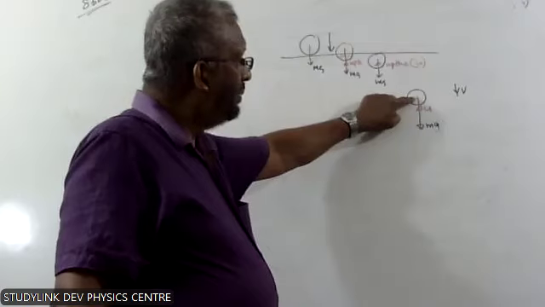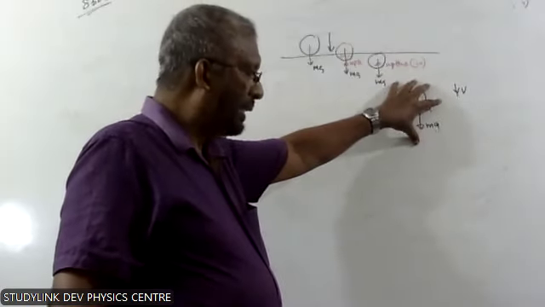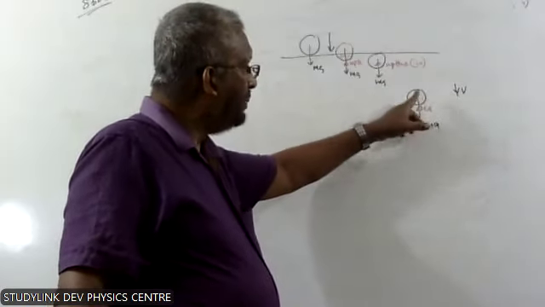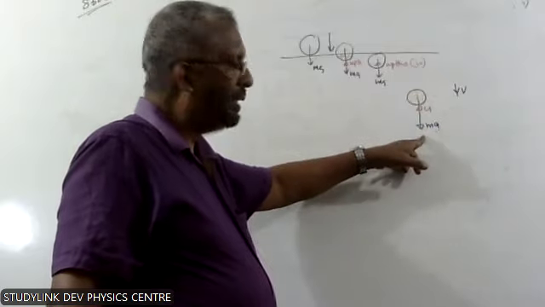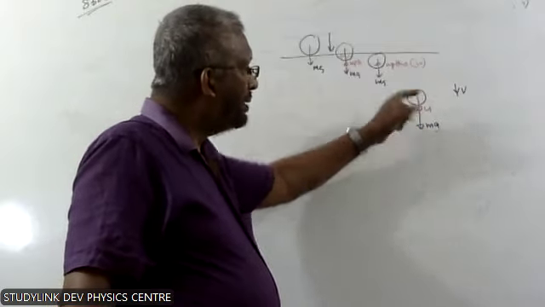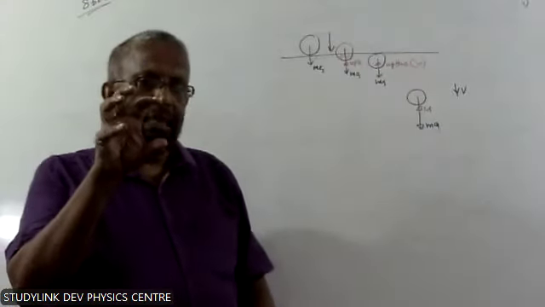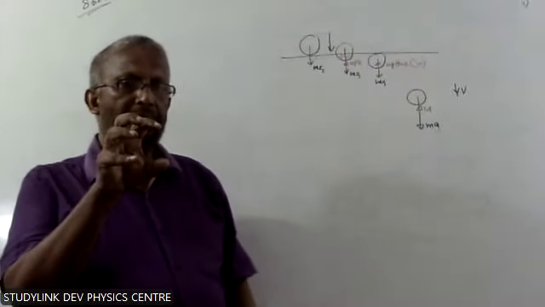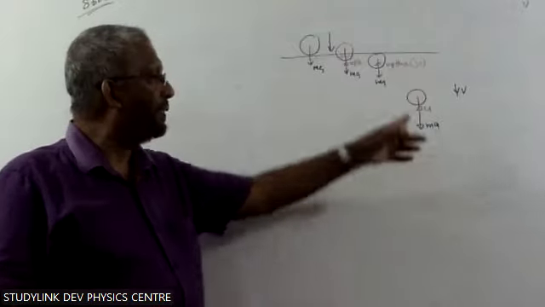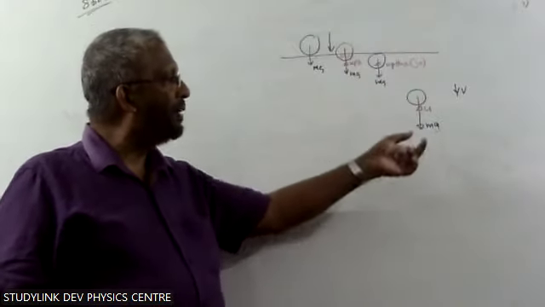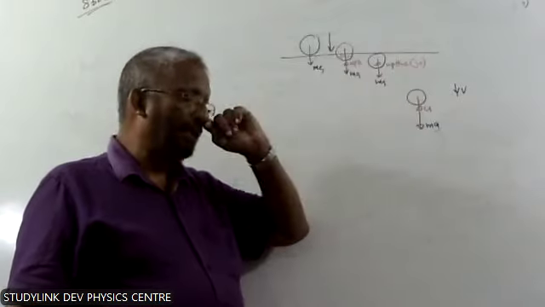But it is completely in the liquid, so mg is also acting like that. Normally, center of buoyancy means you have to consider the same identical liquid sphere, and its center of gravity is the center of buoyancy.